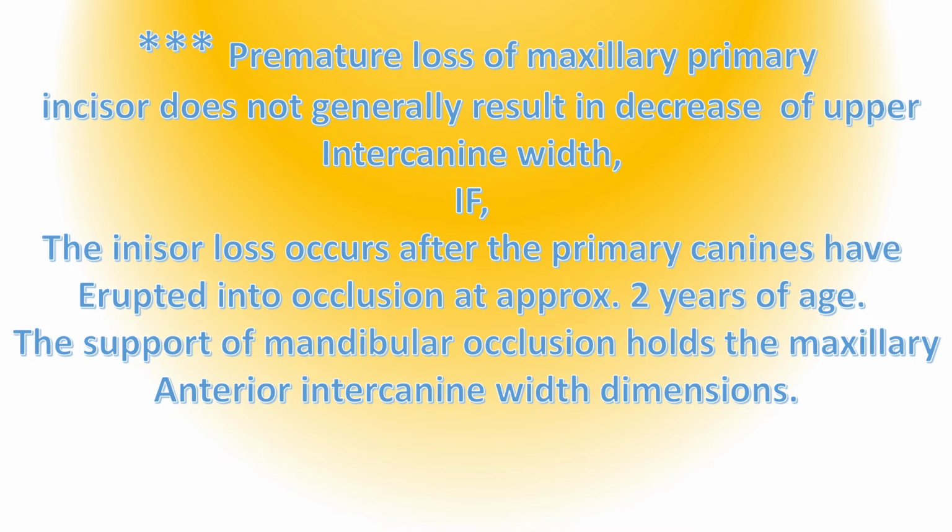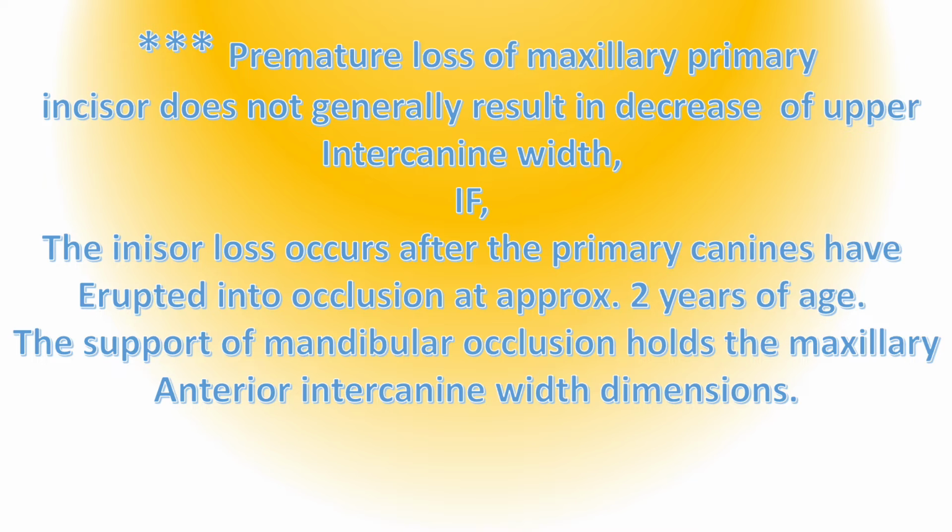Whenever you have the upper milk front teeth or tooth missing, and that loss happens after the primary canines, or the milk canine teeth, have erupted into occlusion, that means they have erupted into biting position, completely erupted at approximately 2 years of age, then the intercanine width will not decrease.